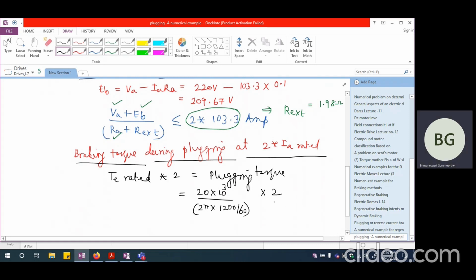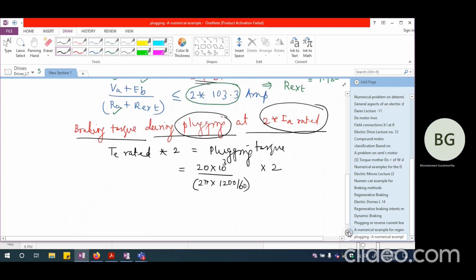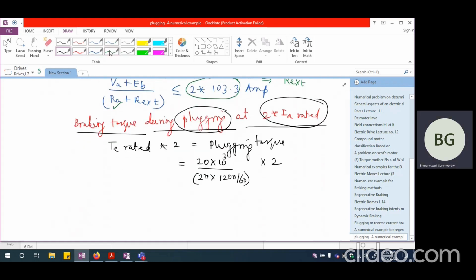That will give you exactly the torque corresponding to twice the rated IA, when you are just starting plugging with the back EMF being 209.67 volts.